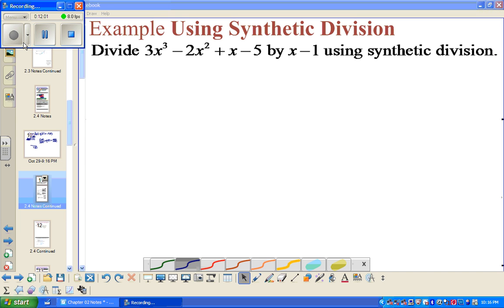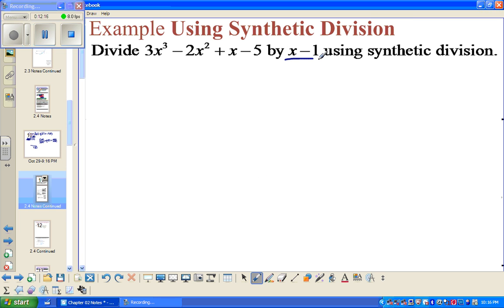Here's an example of using synthetic division to divide a polynomial by a binomial. So you can only use synthetic division when you are dividing by a binomial. And that binomial needs to be an x minus some number.